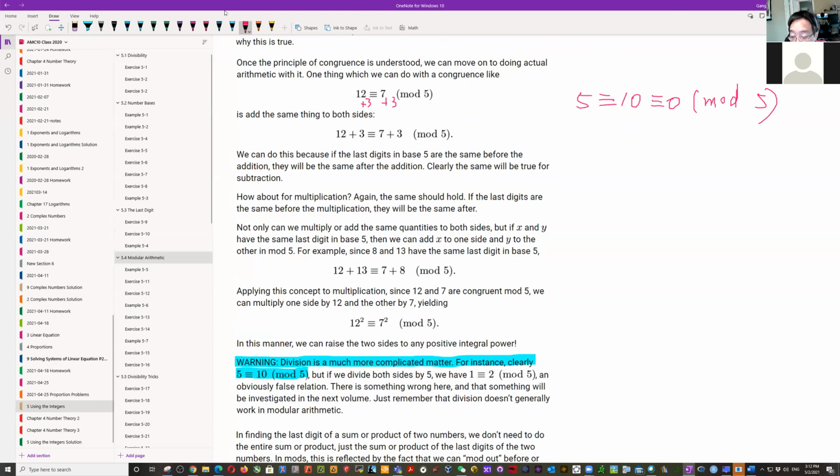If you divide both sides by 5, then you will say that 1 is congruent to 2, which is congruent to 0 mod 5. And obviously this is ridiculous. Why does dividing by 5 or multiplying by 1/5 on all sides not work? Because 5 is actually congruent to 0. So when you divide by 5, you're actually dividing by 0, and dividing by 0 is not allowed.